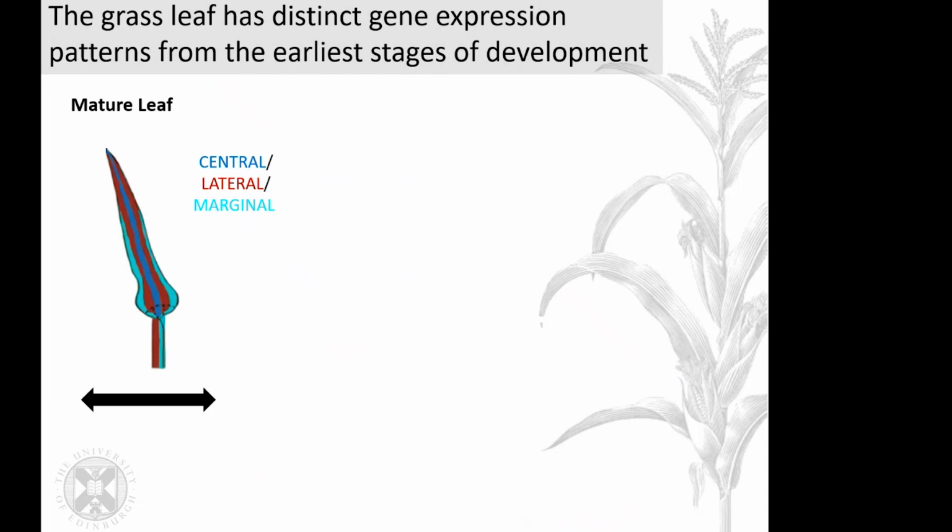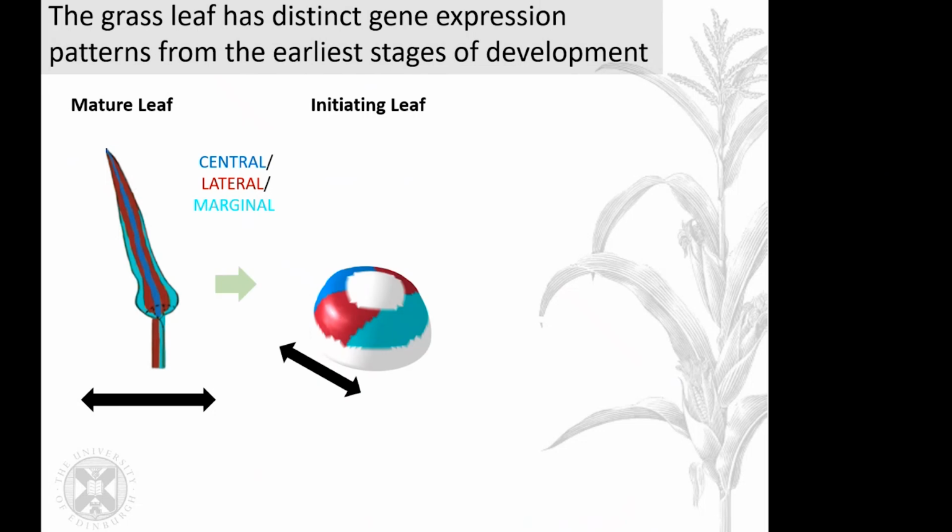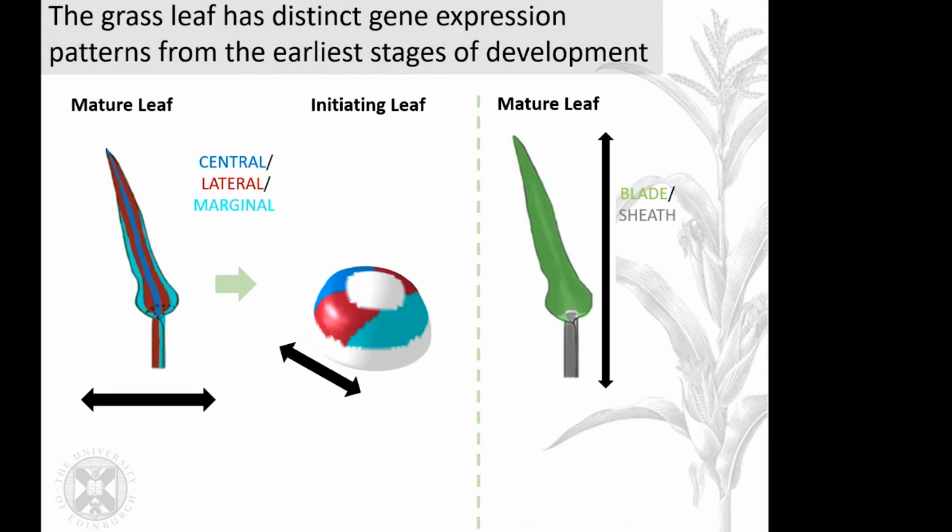There are 3 domains that we found. The central region in dark blue, this lateral region in red, and then this light blue marginal region. And we can map that back to the initiating leaf as well. So these are established right in the earliest stages of leaf initiation. So we know these regions have to be defined at this stage.